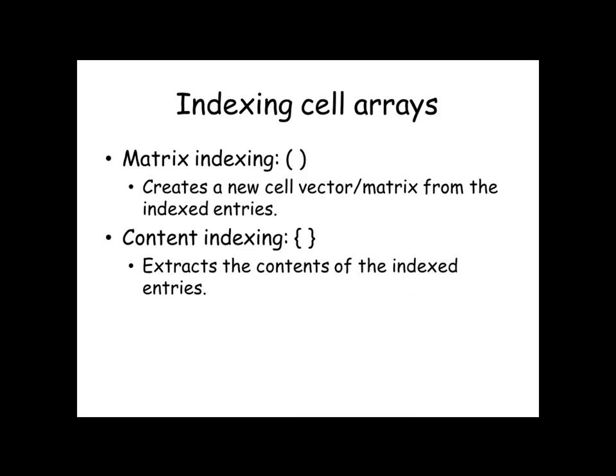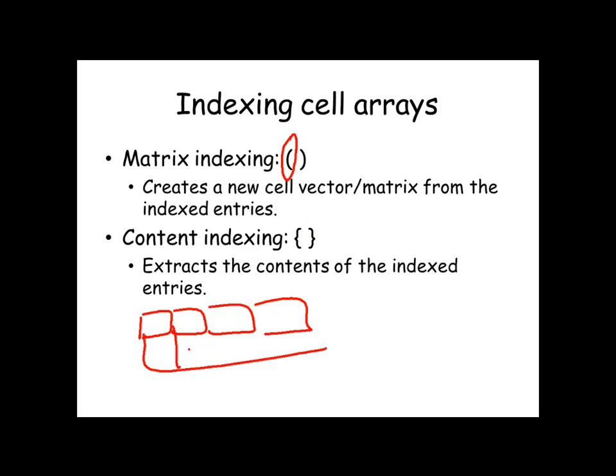Once you have created cell vectors or matrices, of course you would want to index them. There are 2 ways to index cell matrices. The first one is the parenthesis, and the second one is the curly brackets. You can think about cell matrices as a matrix of boxes, where each box can contain a certain number of elements.